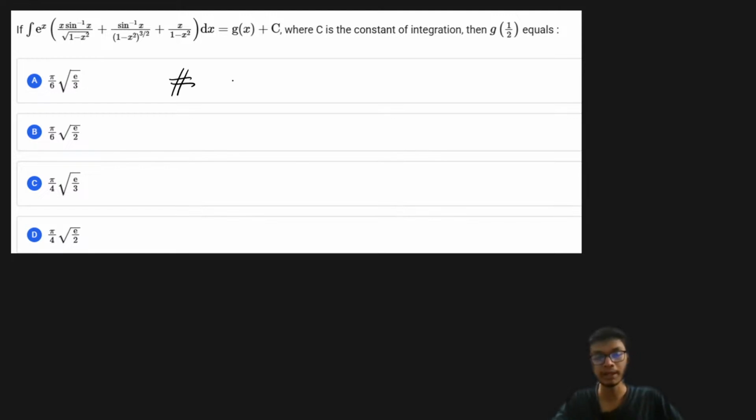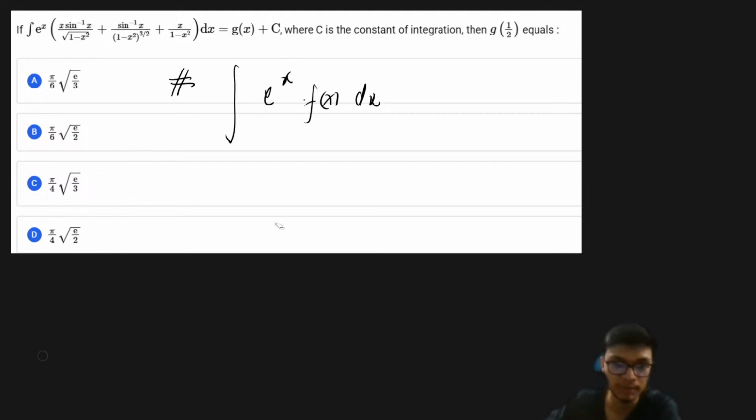Whenever you see this kind of expression of e to the power x into some function f of x dx, then try to understand that these kinds of questions are a very interesting problem in terms of the properties. One of the very interesting properties of this problem is that you just have to use integration by parts and solve for it.